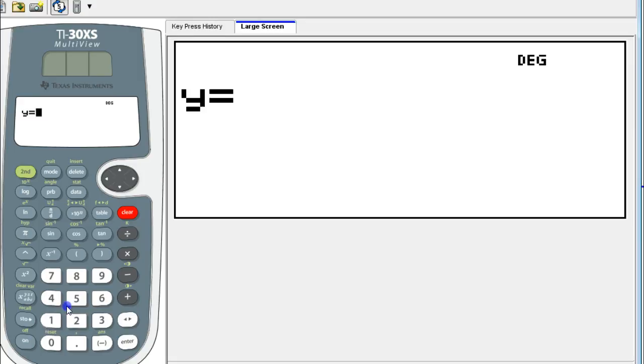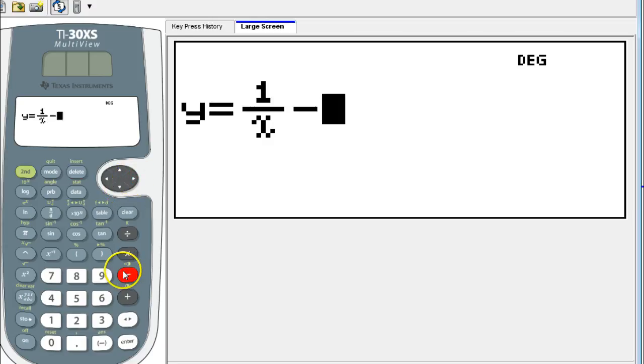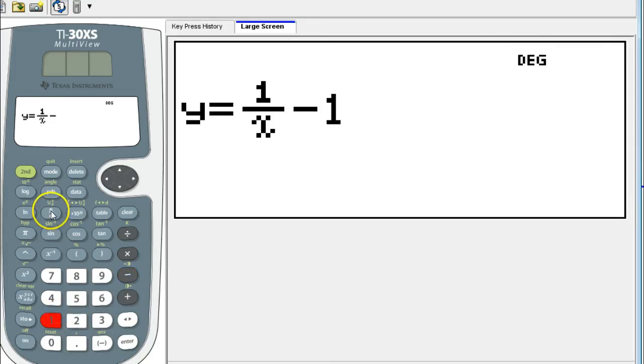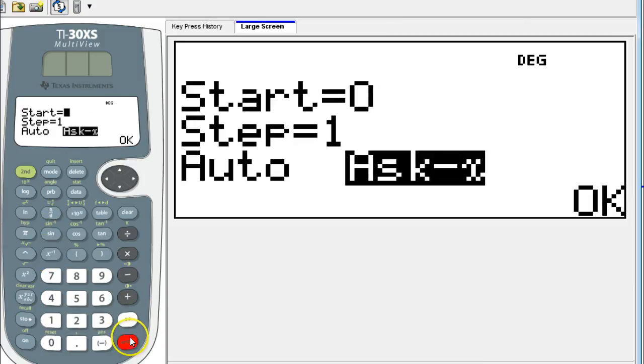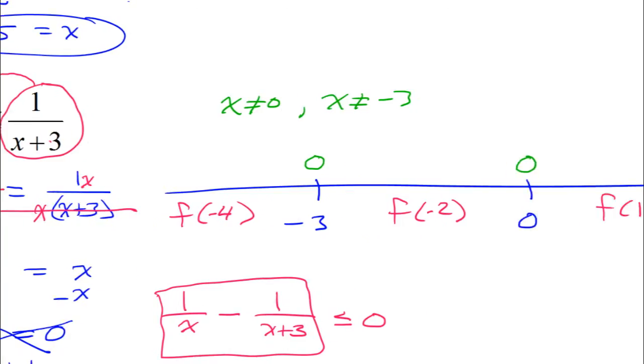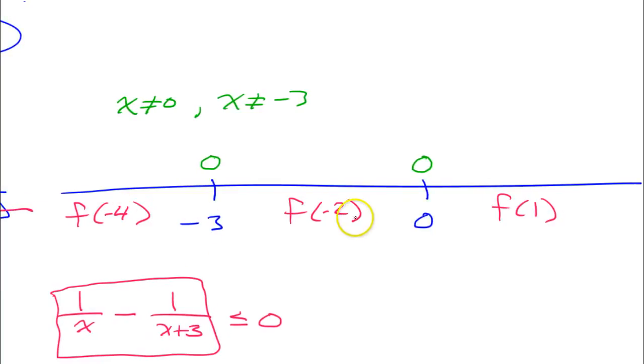So I've got 1 over x minus 1 over x plus 3. Make sure you're in Ask X mode. And we are evaluating at -4, -2, and 1.